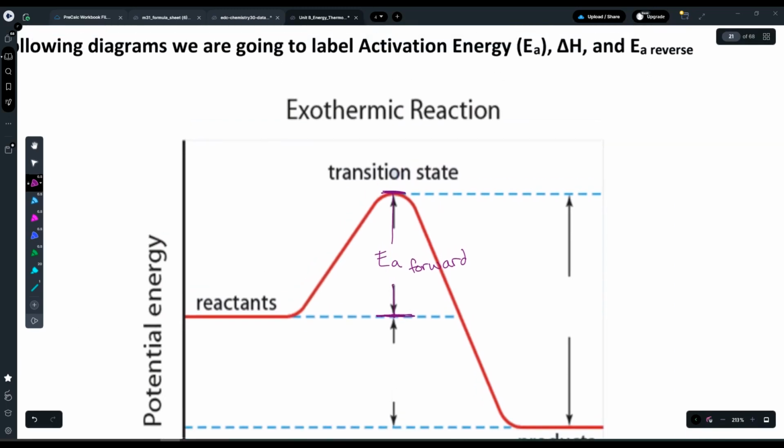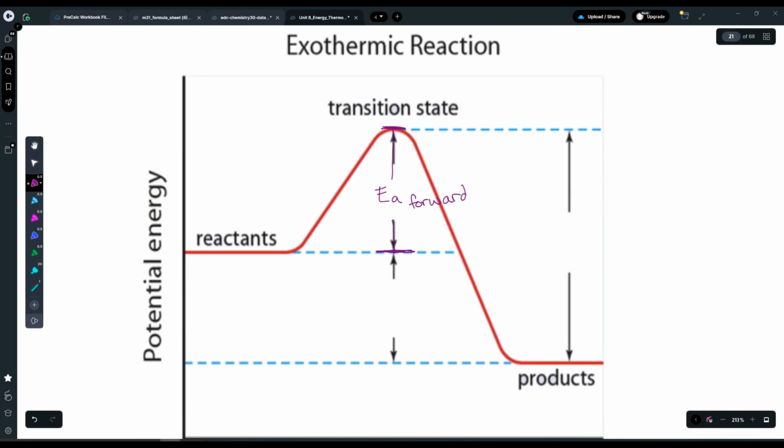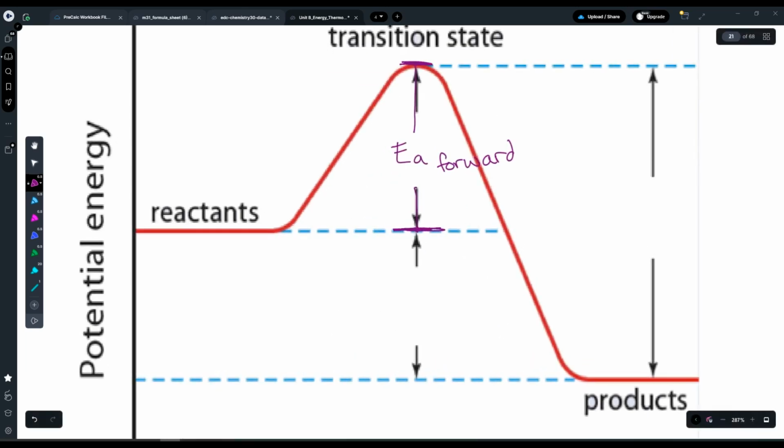Now for our change in enthalpy, that's just the difference in potential energy between your reactants and your products. So that's going to be here. And for this diagram, our change in enthalpy is negative. So I'm going to say change in enthalpy for the forward reaction is negative.